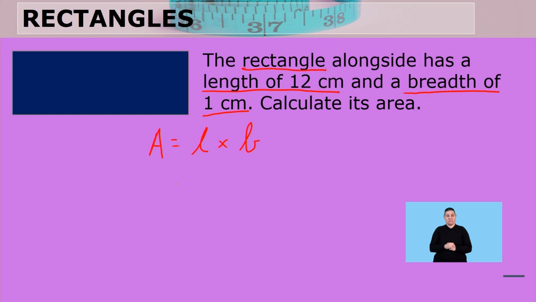They tell me that the length here is 12. They tell me that the breadth is 1. And 12 times 1, that's 12 centimeters squared. Nice work. All right. So we've got rectangles under control.